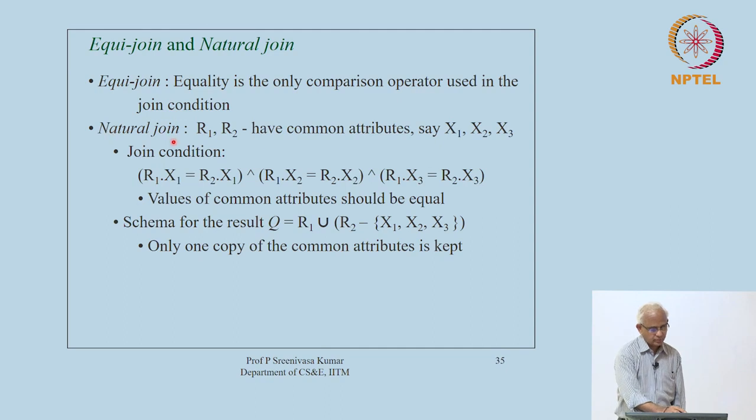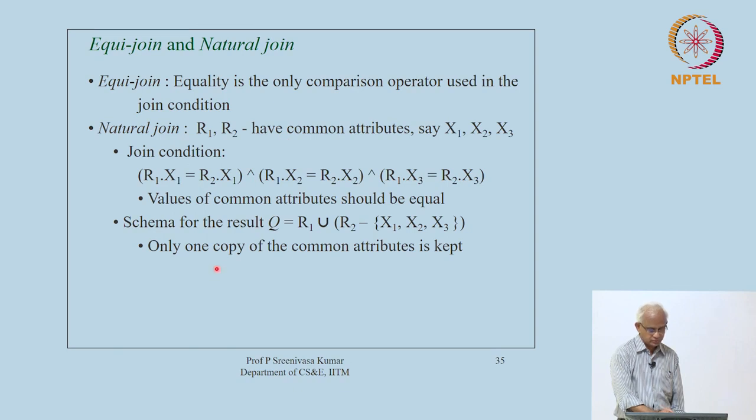And natural join is where we make a specific assumption that R1 and R2 indeed have common attributes, like say x1, x2, x3. Let us say these are the 3 common attributes. Then we do not even have to specify the join condition.